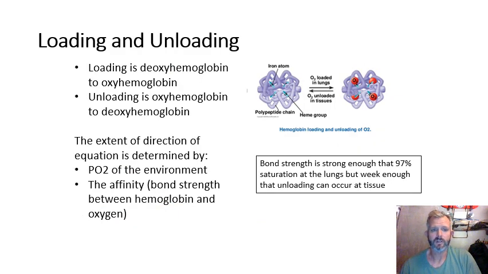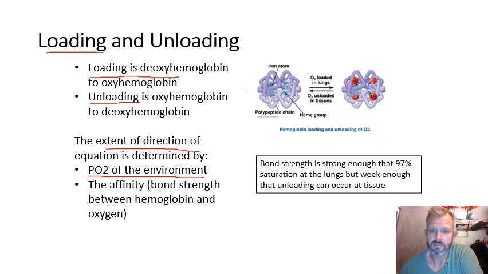That is called the loading and unloading. We don't want to load deoxyhemoglobin. We want to bind oxygen, and then we want to be able to unload, to release that oxygen to the tissue. What we're going to see is that the loading and unloading is determined by the PO2, the partial pressure of O2 in the environment.